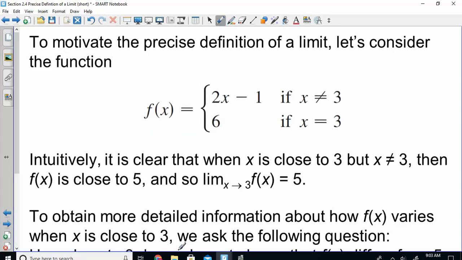Okay, so let's talk about this kind of function here. We have seen these piecewise functions before. And this one is basically just a line, 2x minus 1, but what's going to happen when x is 3?